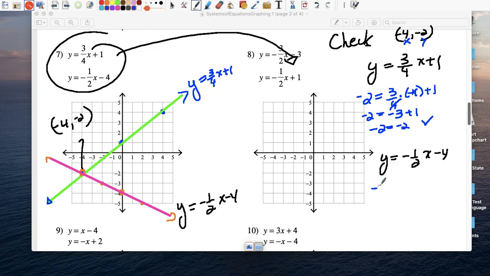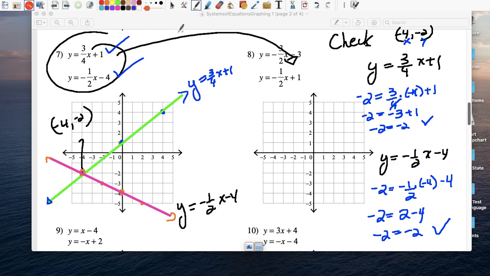Instead of y, I replace it with -2, and I get -1/2 times -4 minus 4. Half of 4 is 2, and negative times a negative is a positive, so that gives me +2, and then minus 4. And -2 equals 2 minus 4, which is -2. So the point -4, -2 satisfies equation number 1, check, and equation number 2, check, and we're good.